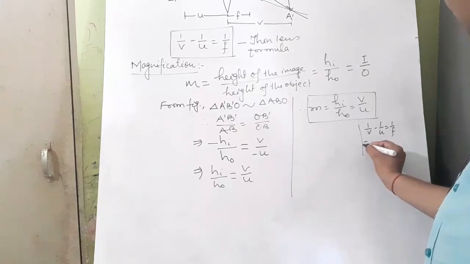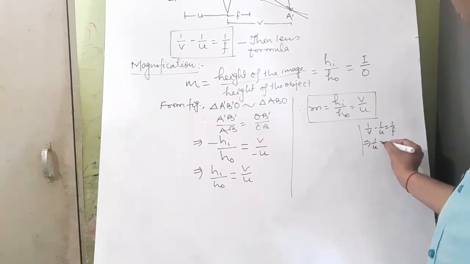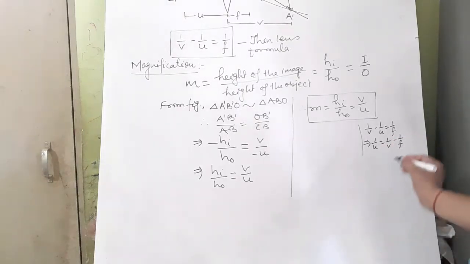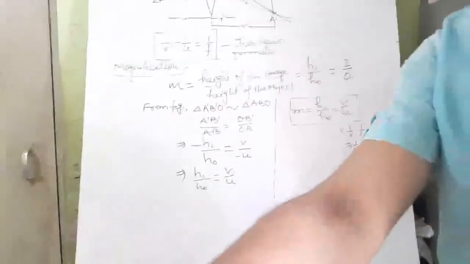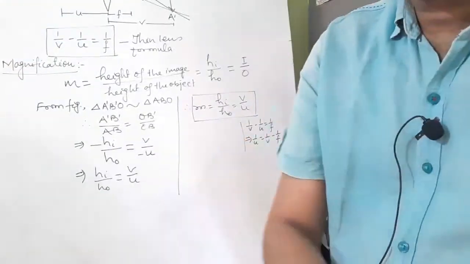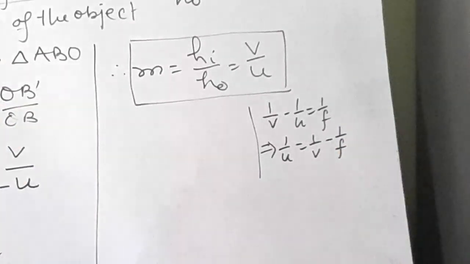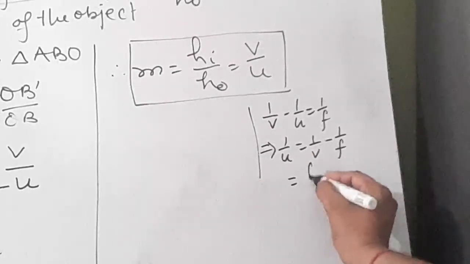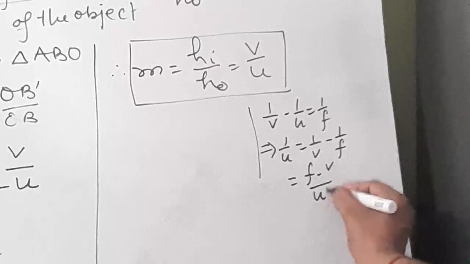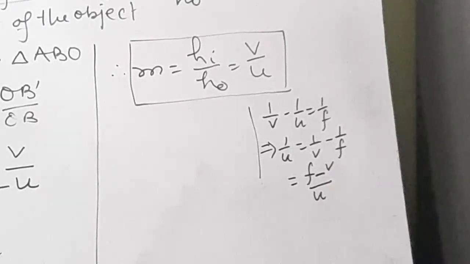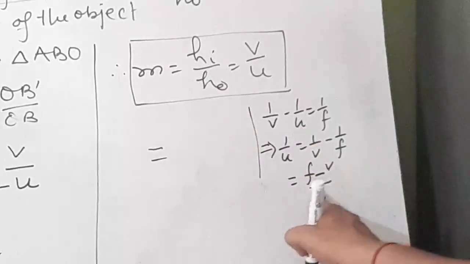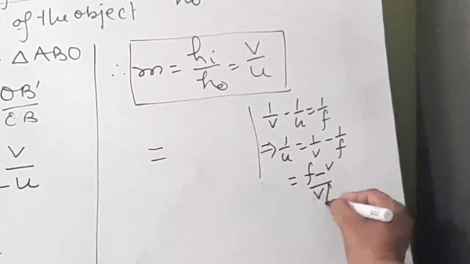So from here you can write 1 by u is equal to 1 by v minus 1 by f, and this will become equal to f minus v by vf, vf is LCM.